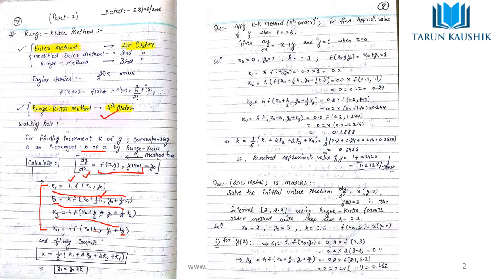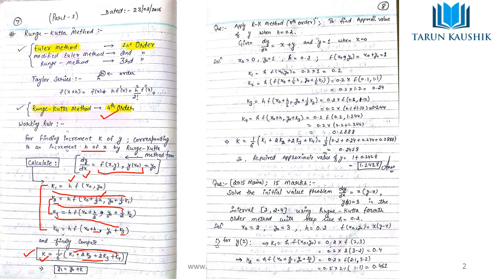At last, do the summation of all these k's by this formula: k1 plus 2k2 plus 2k3 plus k4, multiplied by 1 by 6, or divided by 6, both are the same. Add the first and last, and add k2 plus k3 multiplied by 2. This is the formula for calculating the value of k.